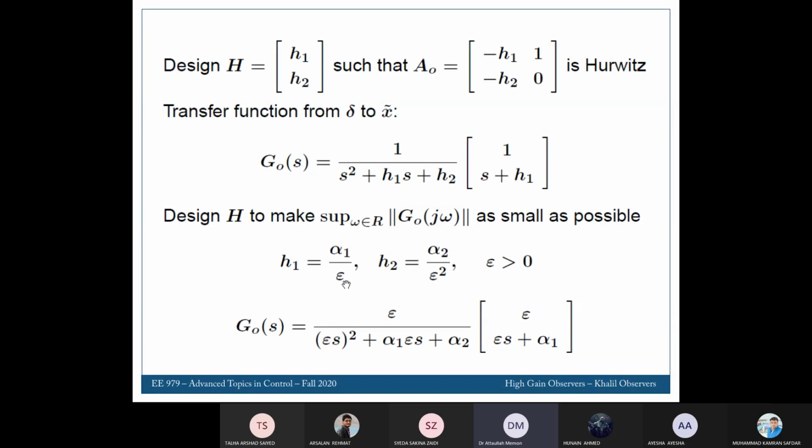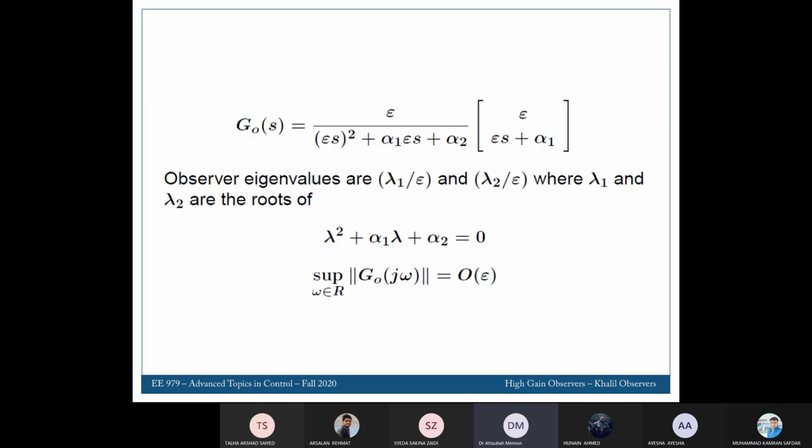We'll see in the example which follows in a couple of slides that by this systematic choice of observer gains, we can achieve wonderful performance from this observer.